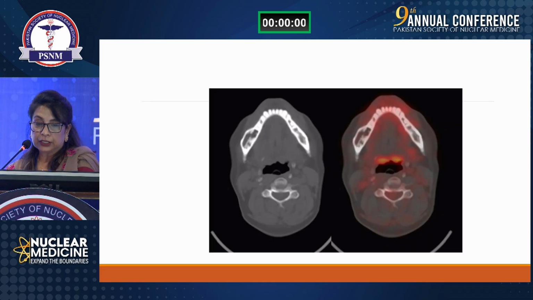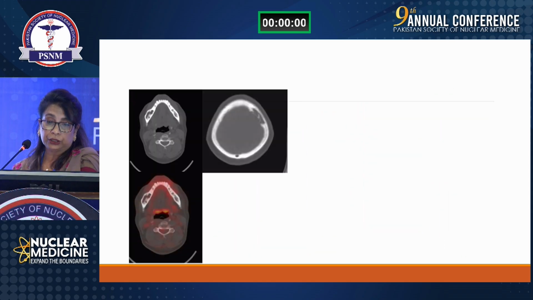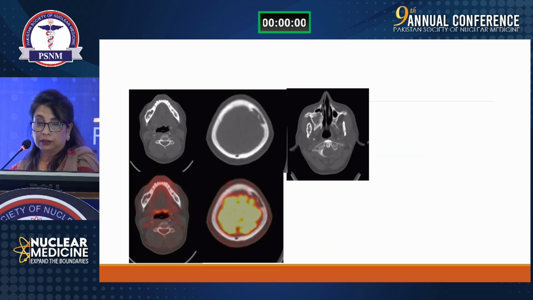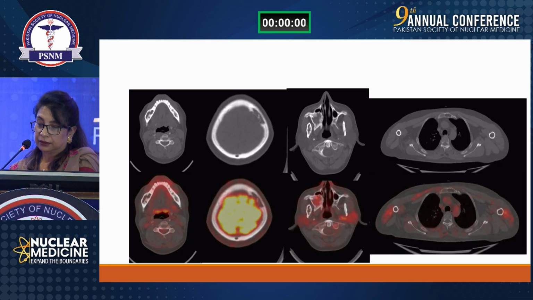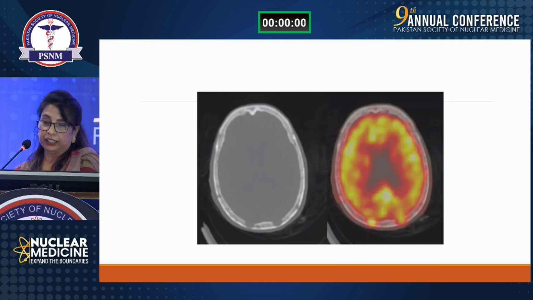So some cases from the multiple myelomas: this patient came with a swelling of the right side of the mandible, which we can see here. And when we scanned this patient, we saw lesions in the cranium, in the maxillary sinus, and in the sternum. So multiple lesions were identified.